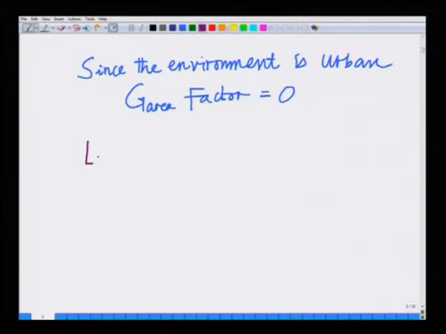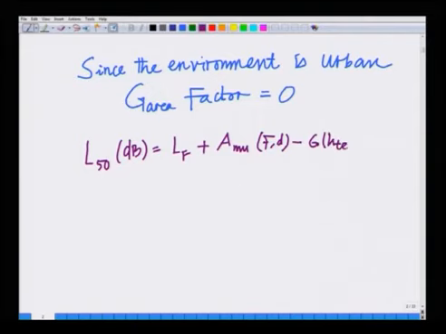The 50th percentile path loss in the Okumura model, L50 in dB, is the free space path loss plus the A mu factor f of d, minus G h T e, minus G h R e, plus G, minus G area.